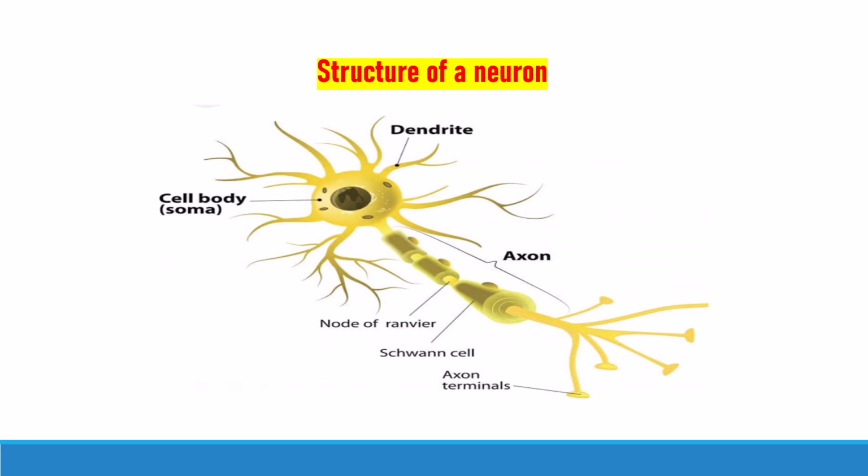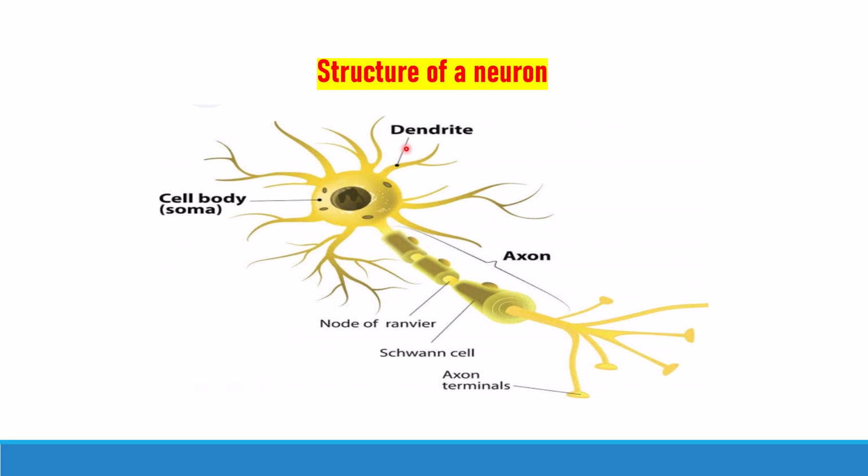Next, moving to the structure of the neuron. This is a generic image of a neuron. The neuron has three main parts: dendrites, cell body or soma. Then this long projection is known as axon.